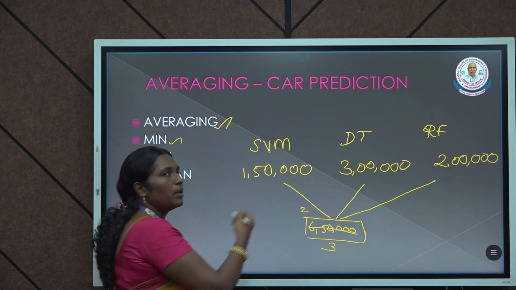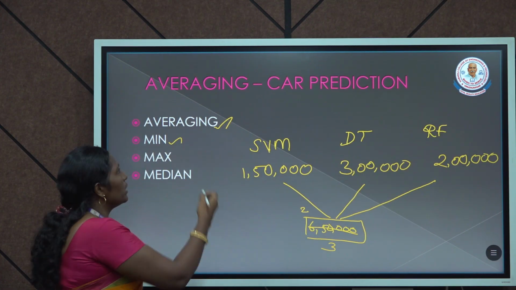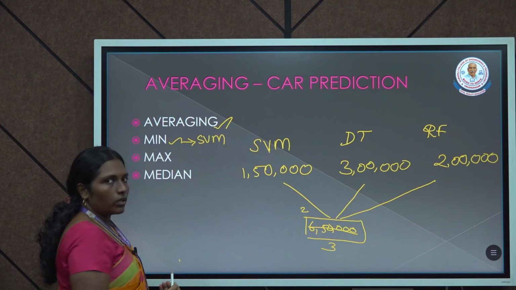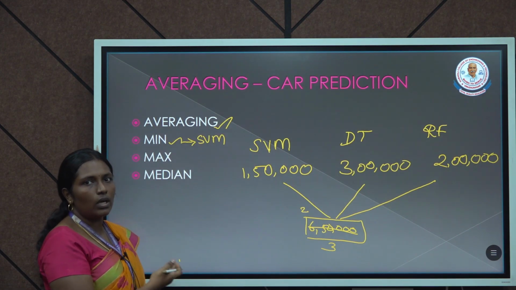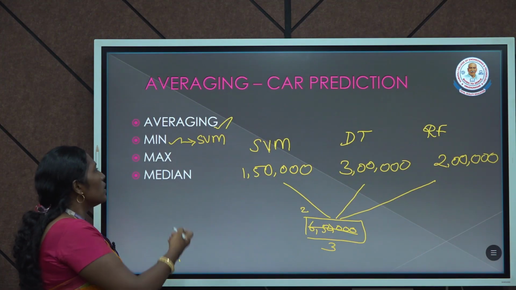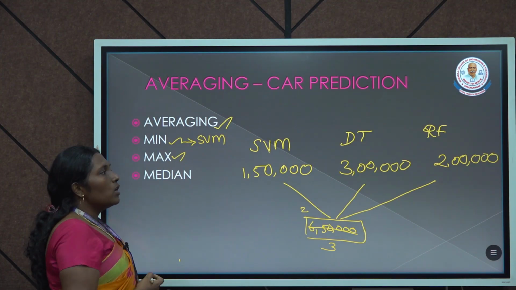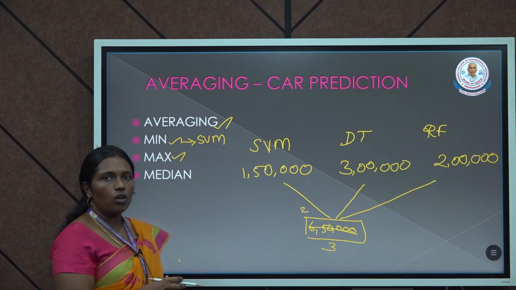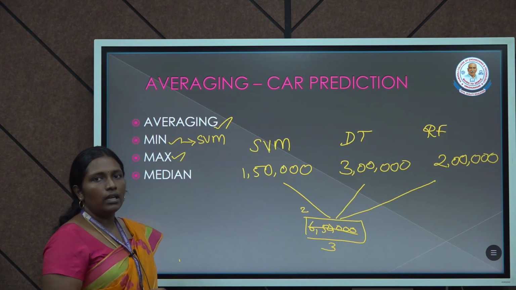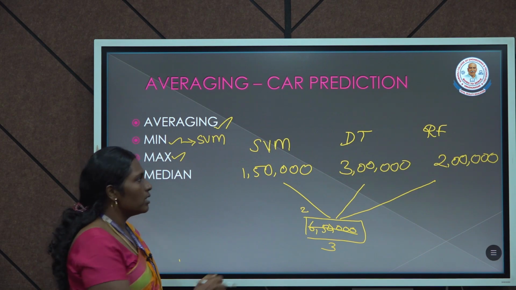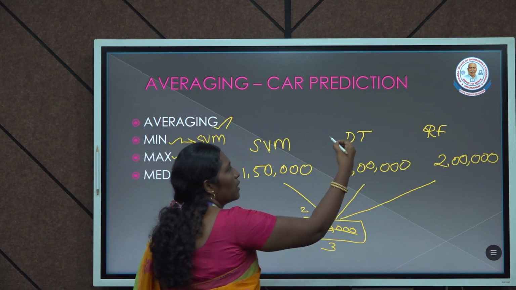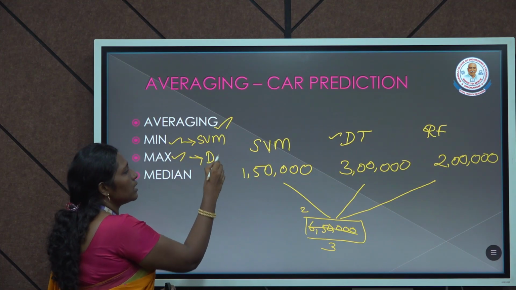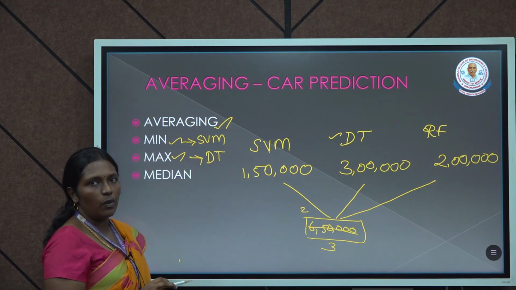Here my minimum value is from SVM, so I will purchase the 1,50,000 car. The next one is maximum. The maximum means the maximum value I received from a predictive model I will take as my output. Here the maximum is from the decision tree, that is the 3 lakhs car I will be buying.